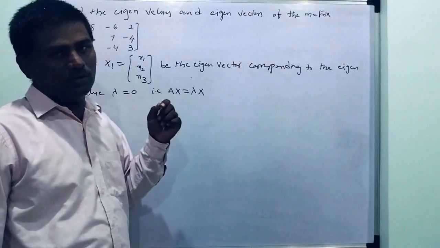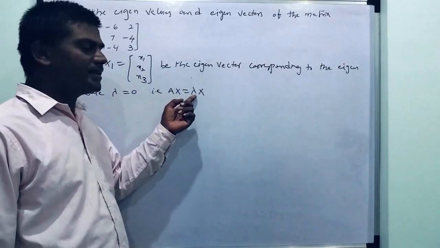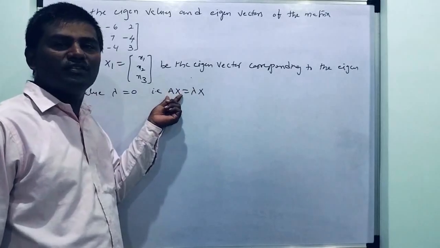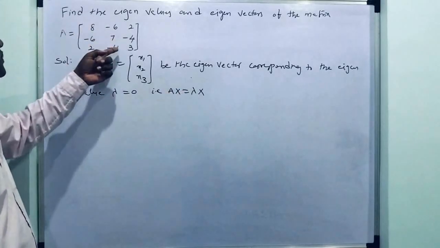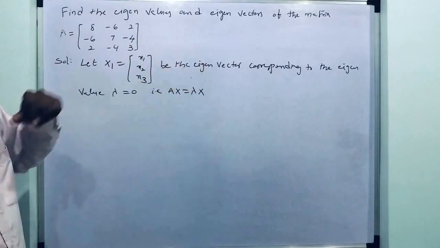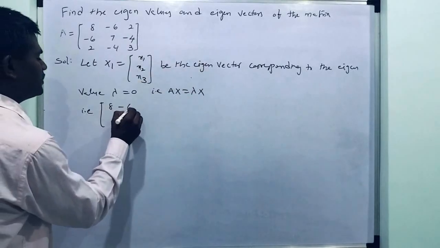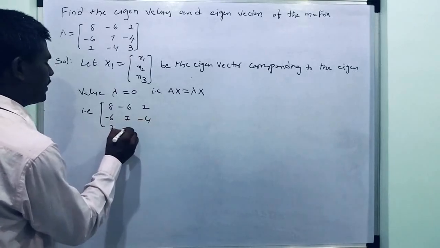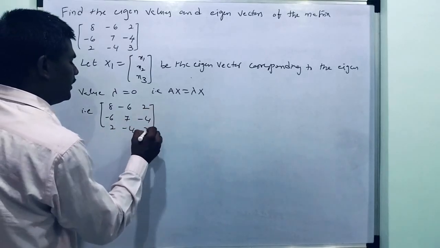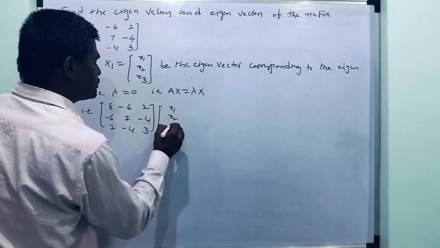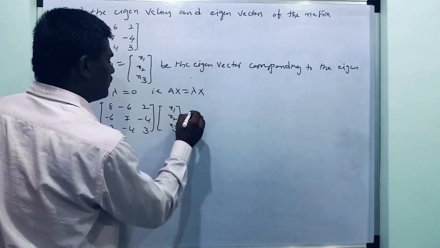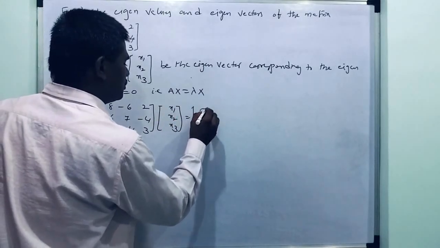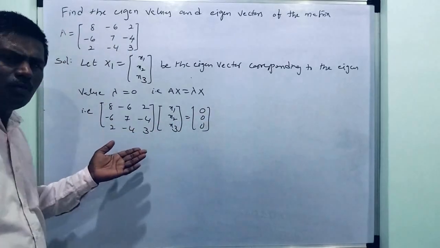That is AX = λX. So as λ is 0, simply AX = 0. That means this matrix [8 −6 2; −6 7 −4; 2 −4 3] into (x1, x2, x3) = (0, 0, 0), which is a homogeneous system.